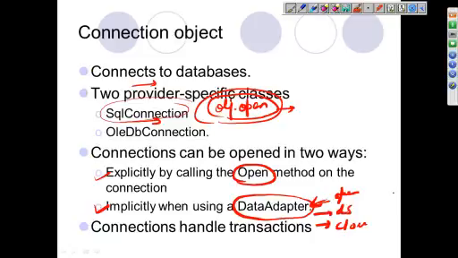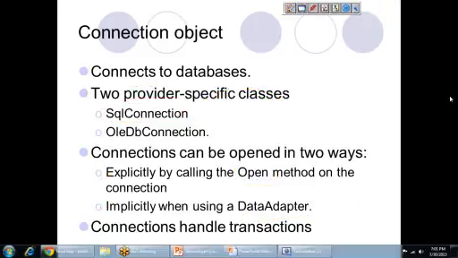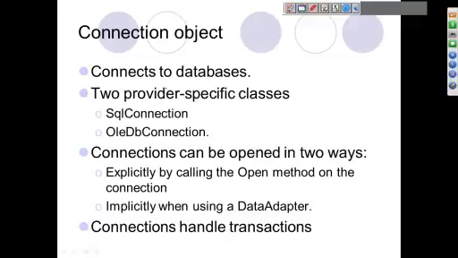So two methods: one is explicit, where we have to call the Open method, and the other where we don't. We'll see all this programmatically. Other than opening and closing the connection, this can handle transactions also.